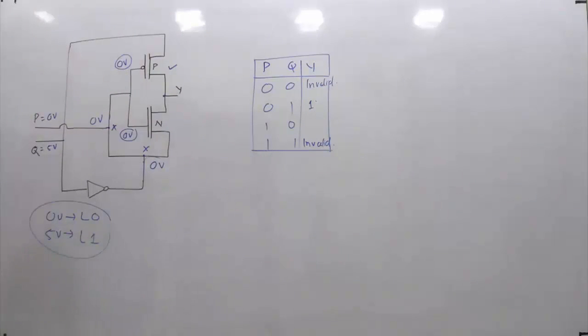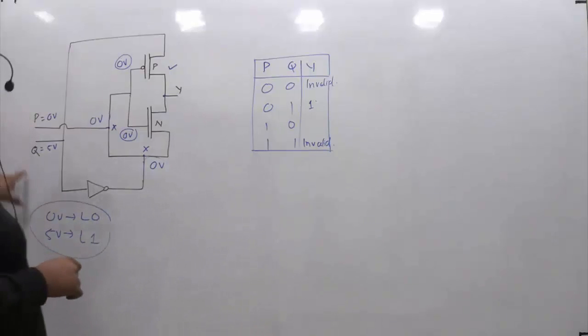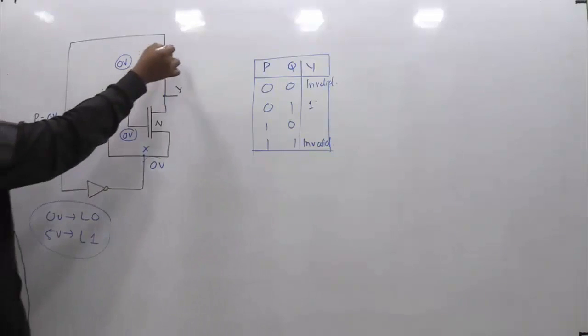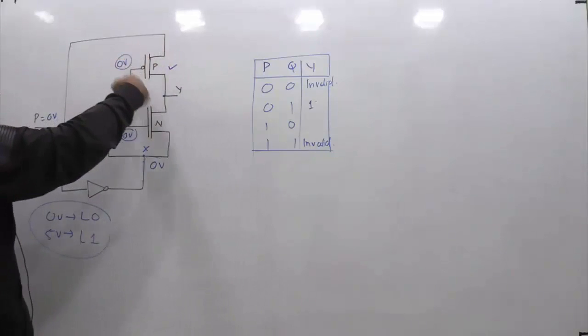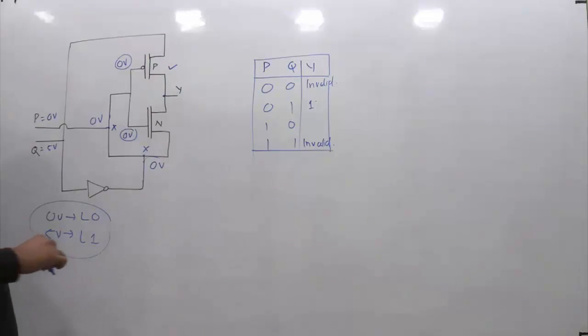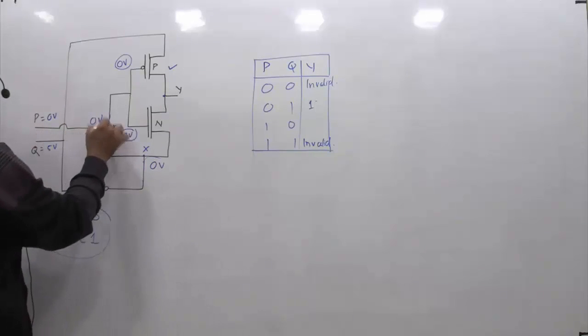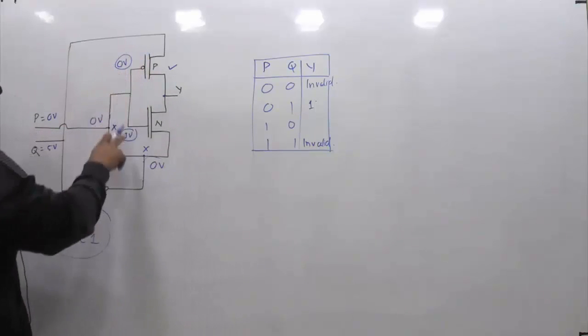Once again I'm telling you, this is 0 volts, this is 5 volts, so this is 0 volts and this is also 0 volts. This PMOS and NMOS pair is actually a CMOS inverter basically, if you know these standard circuits. Otherwise, even if you don't know, if this is 0, this is also 0. So this is receiving 0, this is also receiving 0.